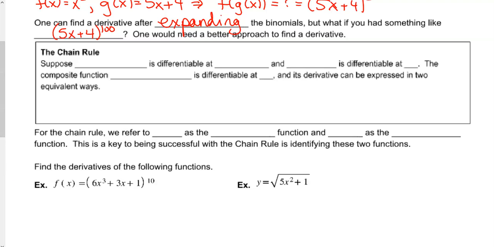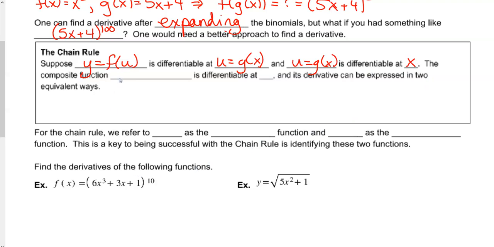When we have composite functions, with inner and outer functions, I would call this the inner function and this the outer function. Now we suppose that y equals f of u is differentiable at u equals g of x, and that u equals g of x is differentiable at x.